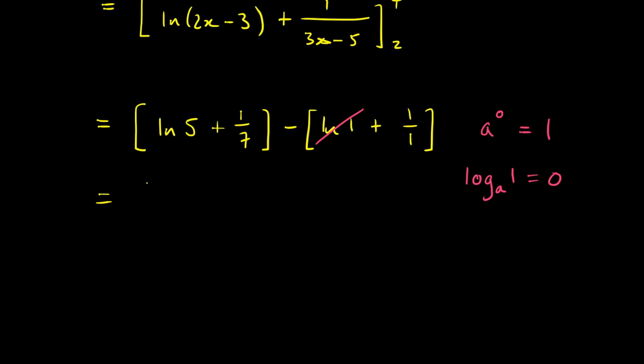And then what we've got is ln 5 plus a seventh, and then minus 1, well, subtracting 1 is the same thing as subtracting 7 upon 7, isn't it? And so we can simplify this to be ln 5 minus 6 upon 7. Okay, so to me, that looks like the answer in the exact form. I'm just going to very quickly check the mark scheme. Yep, ln 5 minus 6/7 is the correct answer.